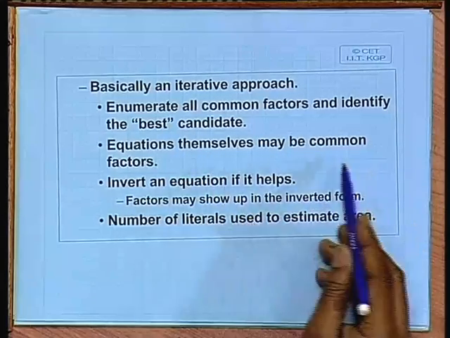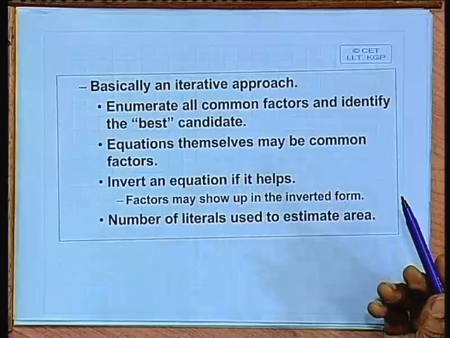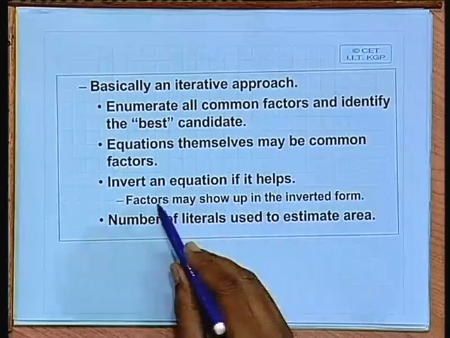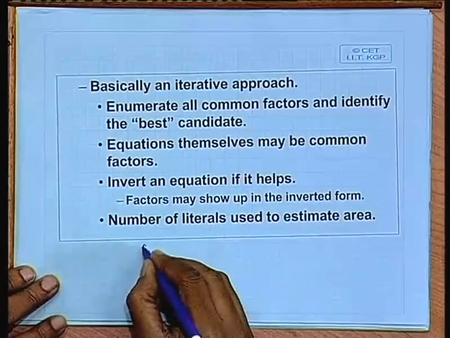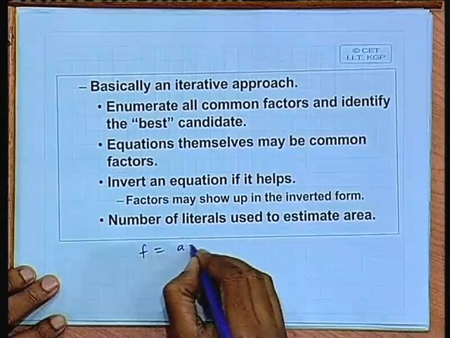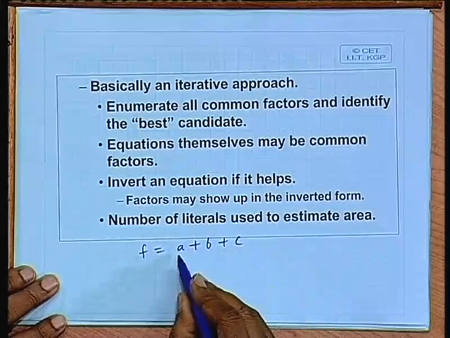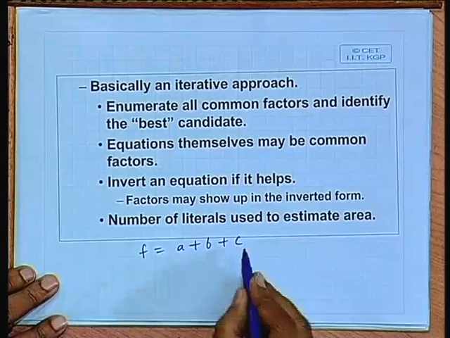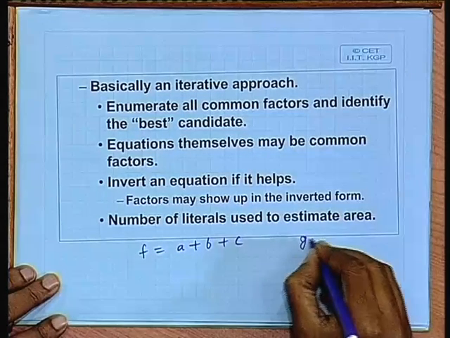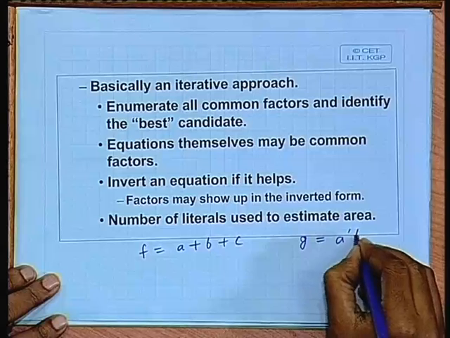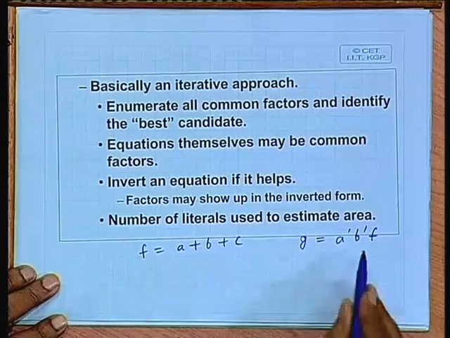Equations themselves may be common factors. Sometimes it helps to invert an equation. Say you have an equation like f equal to a or b or c, and somehow you are unable to find any sub-expression. Suppose there is another function g which is a bar, b bar, f, but apparently there are no sub-expressions.